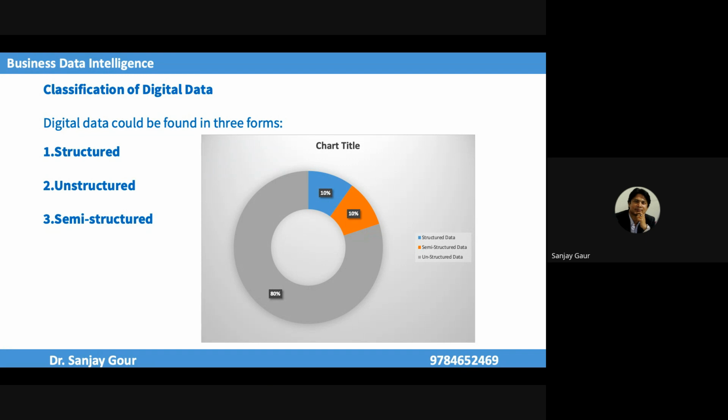So let's see further. If we are talking about the ratio of the data, till now 10% is structured data. The ratio of semi-structured data is also 10%, and there is a bulk of data known as unstructured data. 80% of data is unstructured because it is generated by social media and other means.